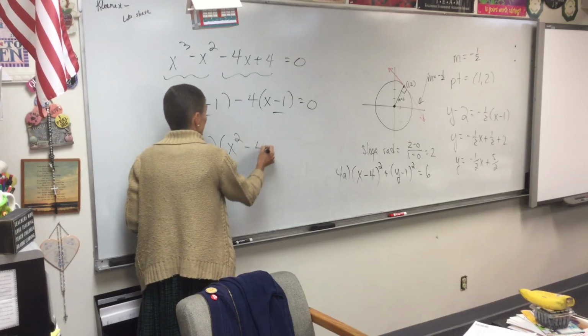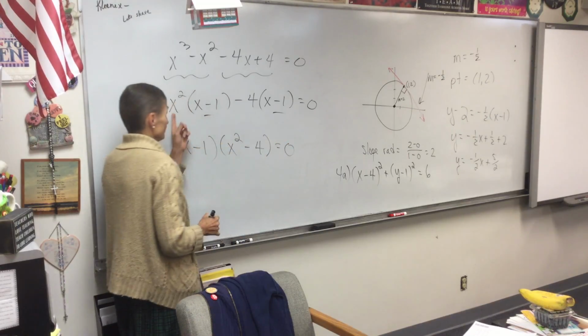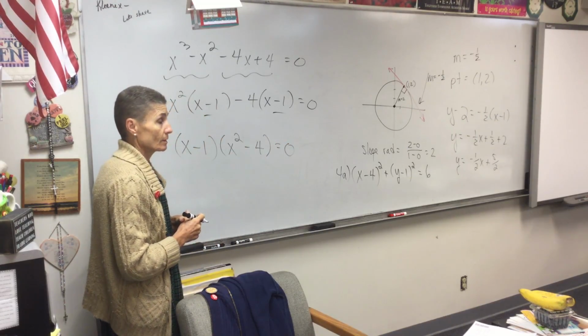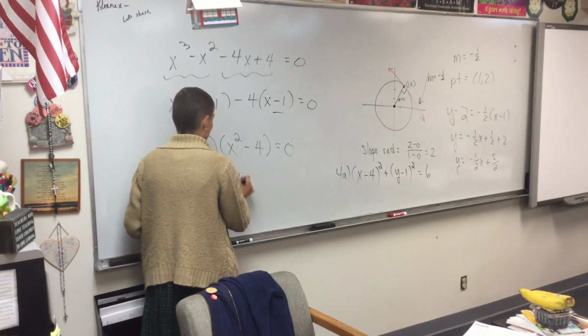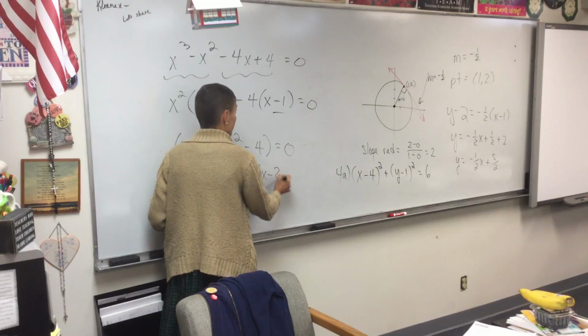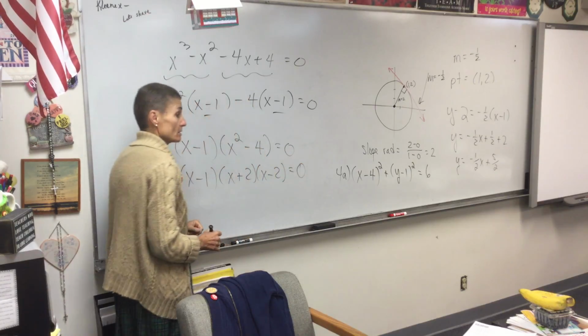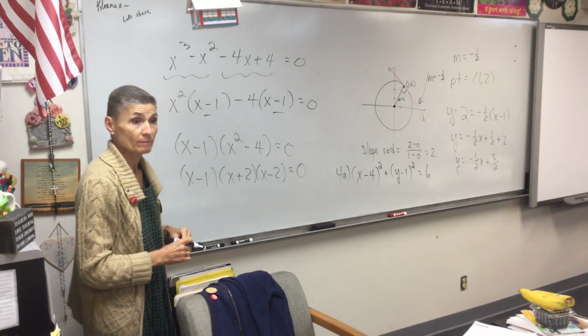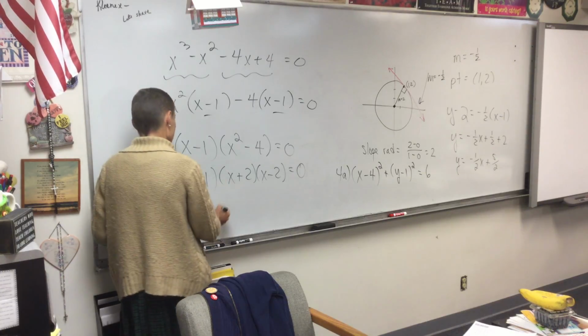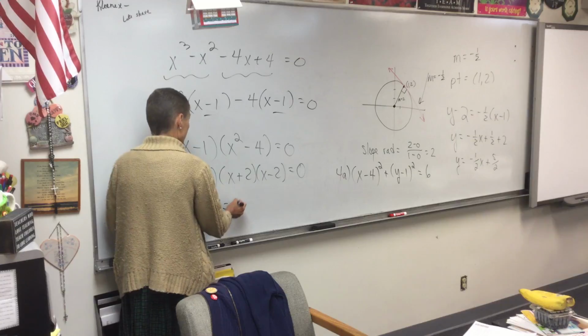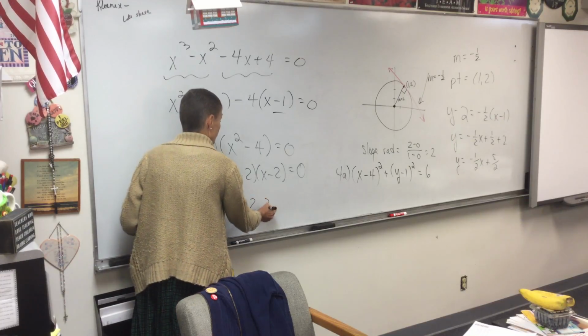So that would be x squared minus 4 in this case. And then what do I know about x squared minus 4? It's the difference of squares. So x plus 2, x minus 2. And now I just set all these equal to 0 and solve. So x is going to equal 1, negative 2, or 2.